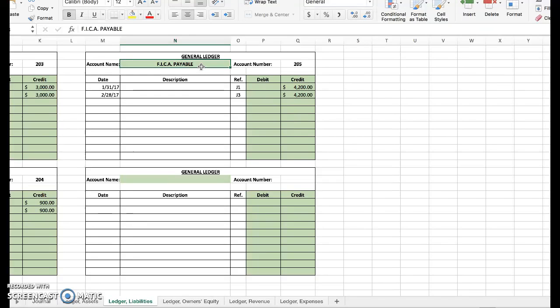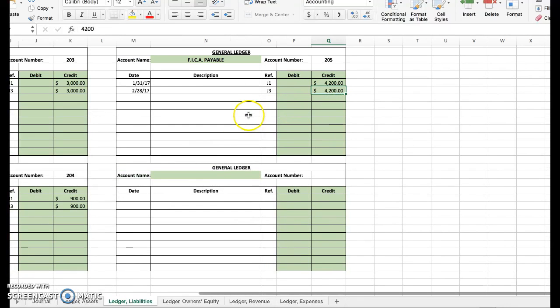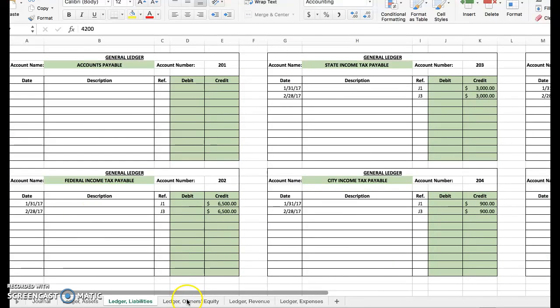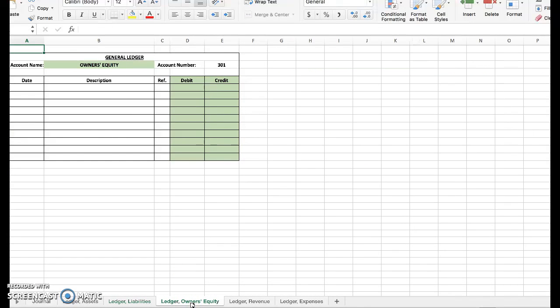They don't get that at this time, but when they retire, when they are over 65, they will get Social Security and they will get eventually Medicare. So we are withholding, by law, money from their paychecks each month, and that's shown there. So those are the liability accounts. Owner's equity, we're not showing anything. That's not affected for our purposes here in this problem.